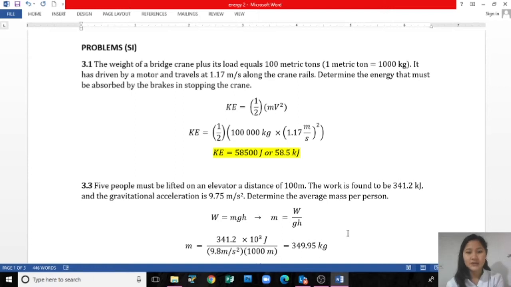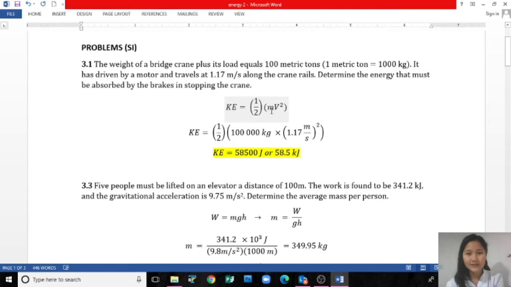So in order to determine the energy, the formula that we're going to use is the kinetic energy, which is equal to 1/2 times mass times the velocity squared. So we're just going to substitute here all the givens.